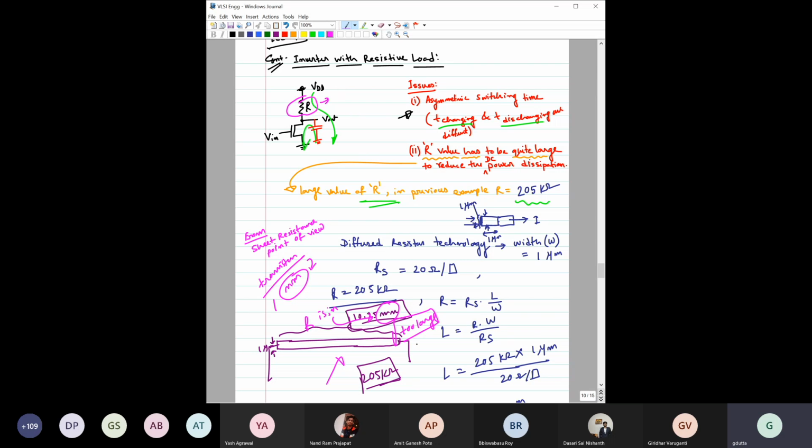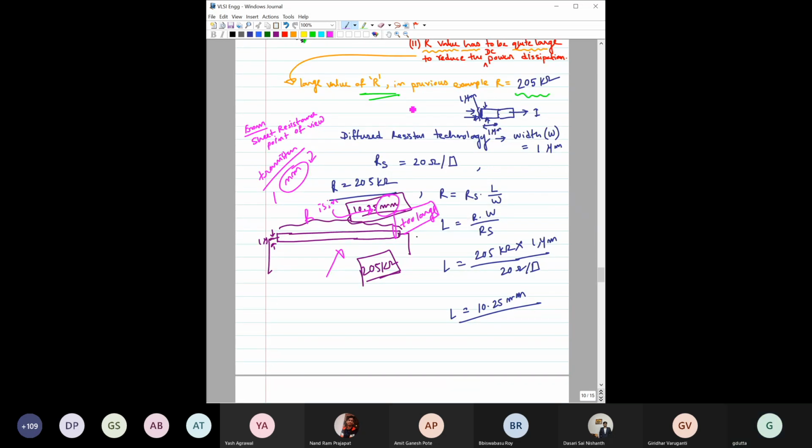And as a MOSFET takes very less area, our next design would be quite better in terms of space requirement, if we can replace this R with a MOSFET. So this is the verdict we have reached from here, that this is not a good design in terms of VLSI technique.